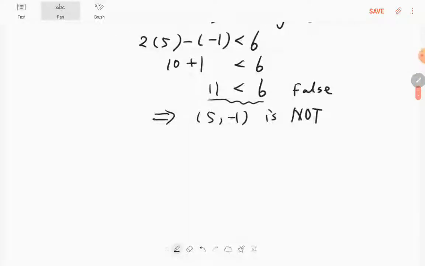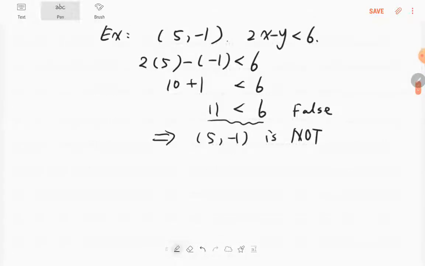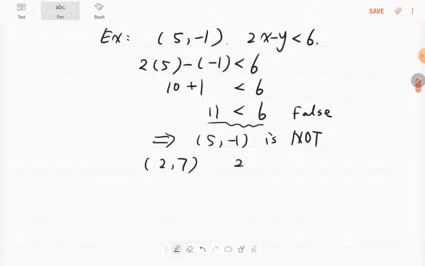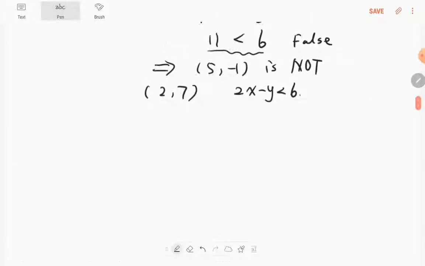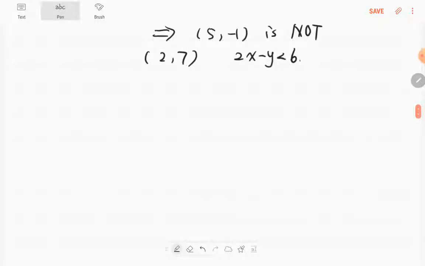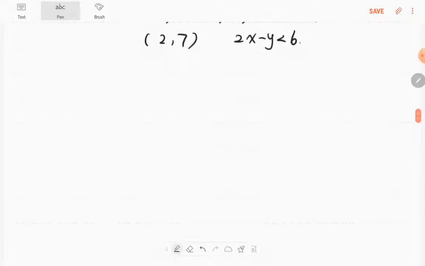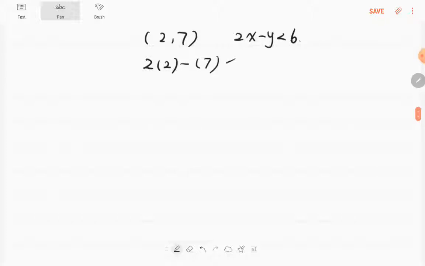How about we have another point? We still have the same inequality. We test whether this point is the solution or not. We do the same thing. This time we use 2 to replace x, so we will have 2 times 2, minus y, and this time we use 7 to replace y.